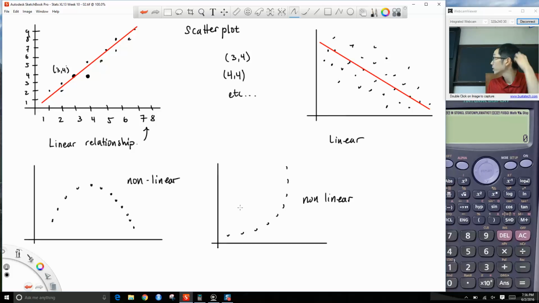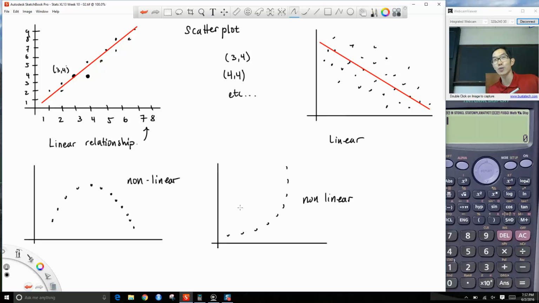Okay, and so it sounds kind of silly, but your best method is to create this scatter plot and then just look at it and use your best judgment as to whether something looks like it can fit a straight line or not.